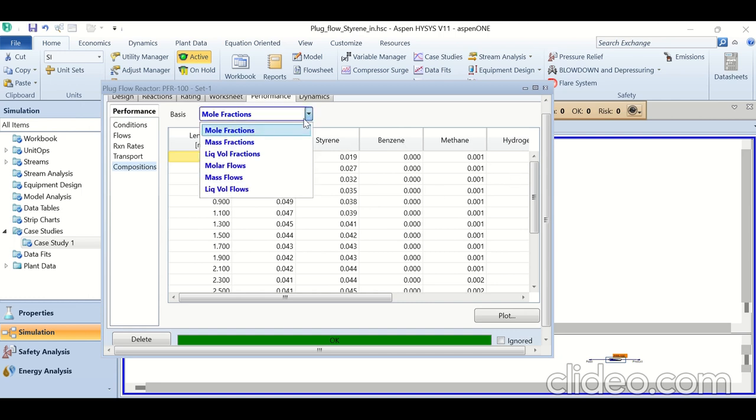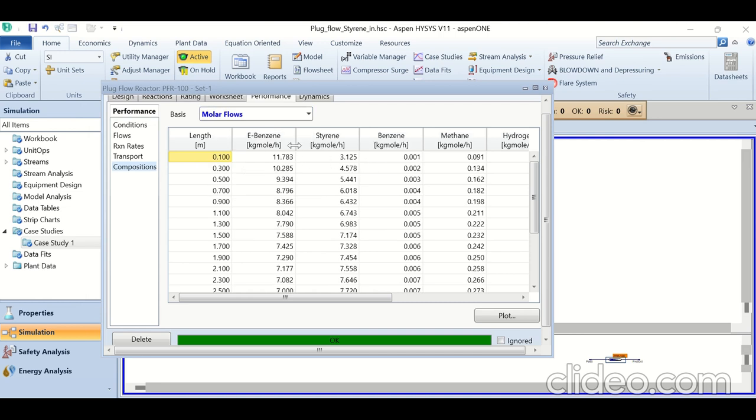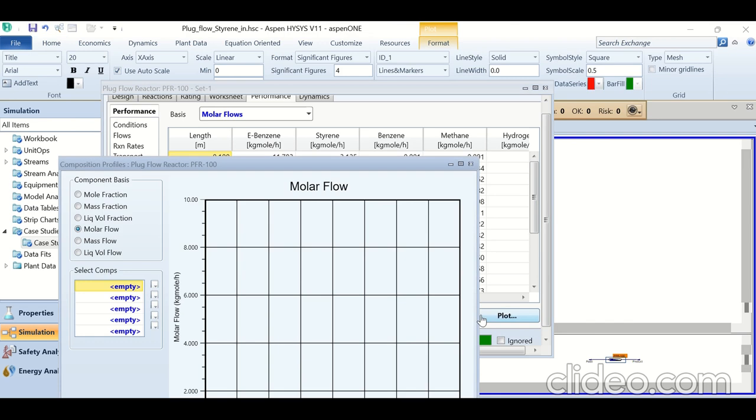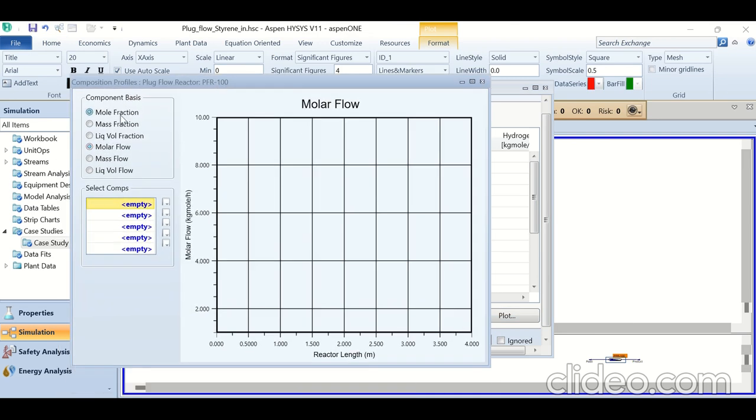This is mole fraction. You can also see the molar flows, in kilomole per hour along the length of the reactor, and you can see this in a graph. So just click on this plot, and you can see mole fraction, mass fraction, liquid volume, or molar flow rates.